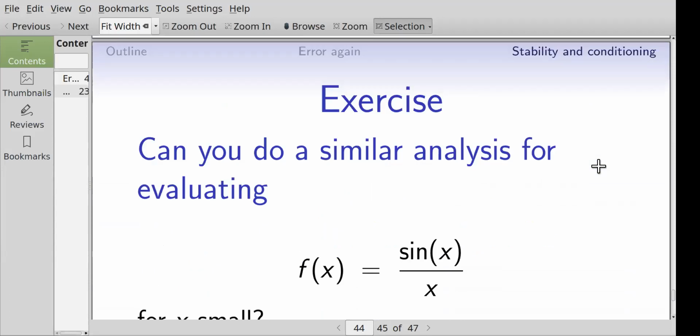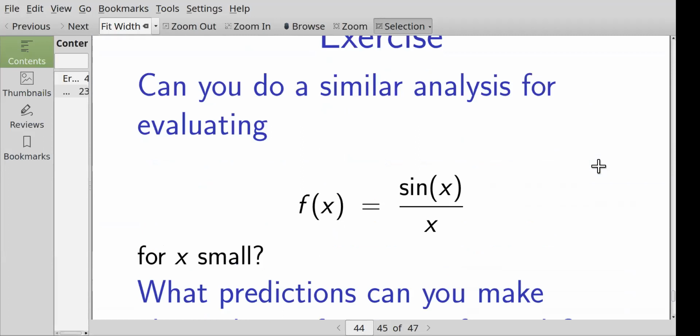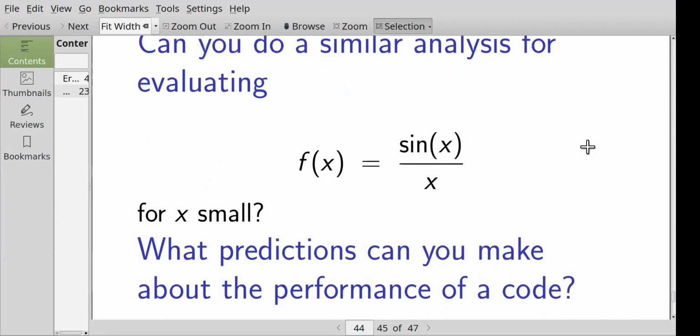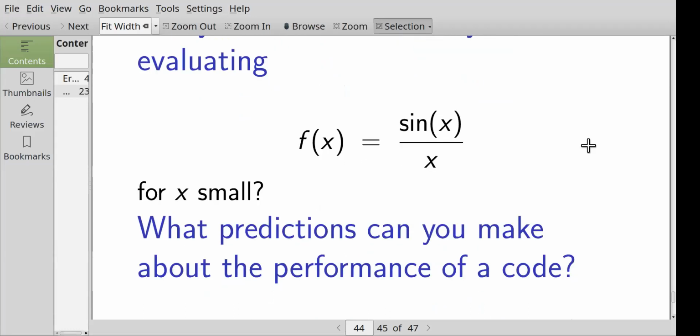I'm sorry, I should have had a few more minutes to do this. So what I would like you to do is to consider f of x equals sine of x over x.